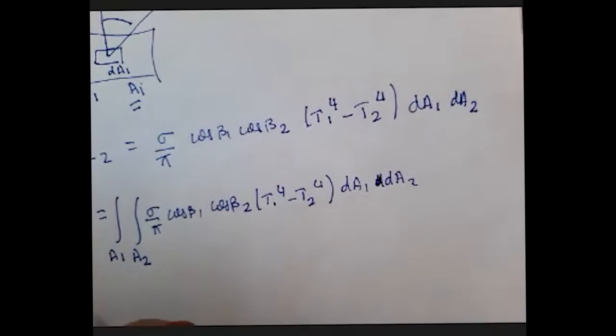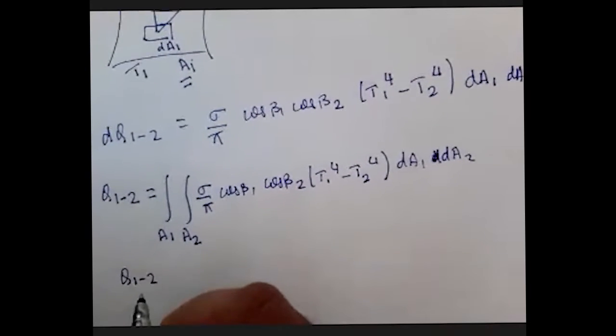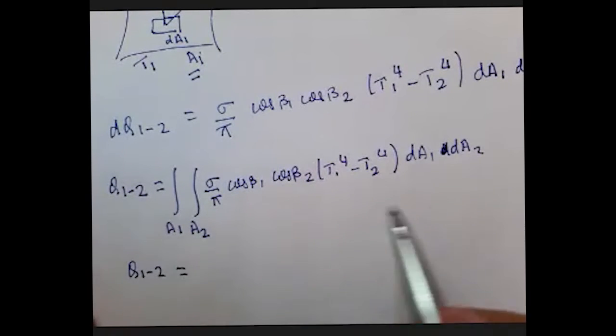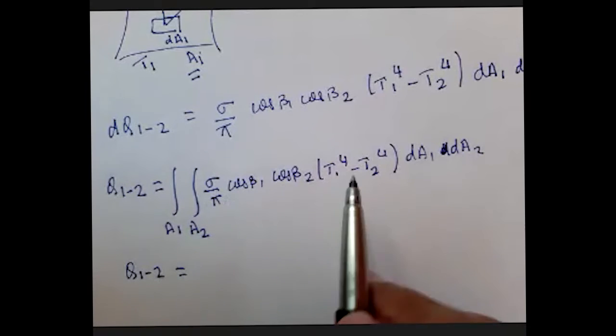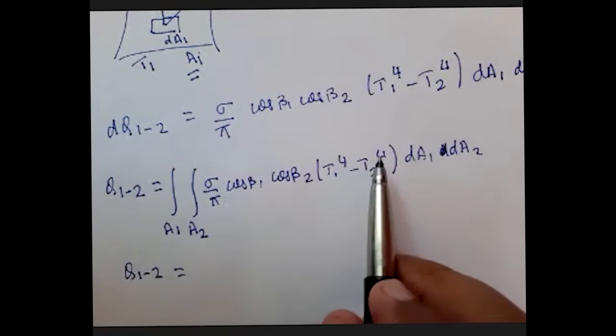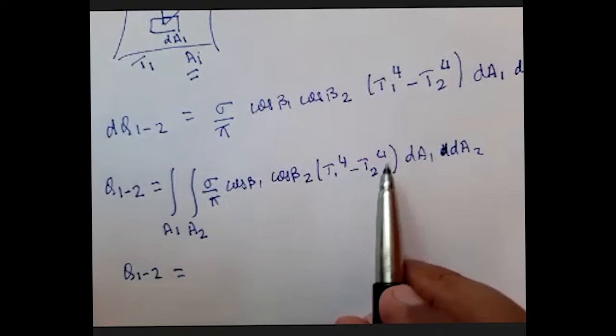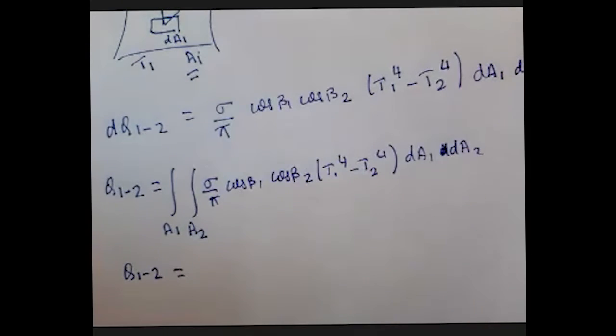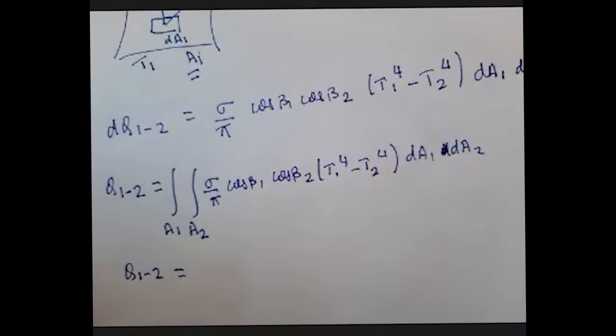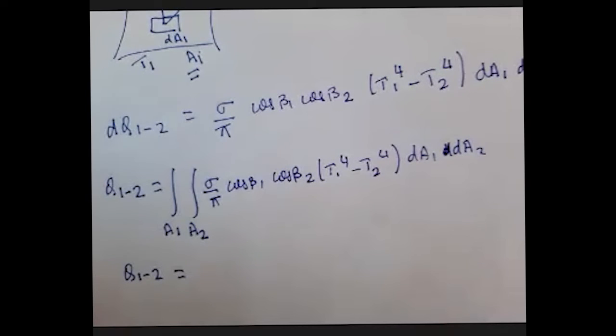Now for Q1 to 2, I have sigma, which is a constant, as well as T1 raised to 4 minus T2 raised to 4, which is also a constant, because the surface temperature for the surface A1 and for the surface A2 are the same.